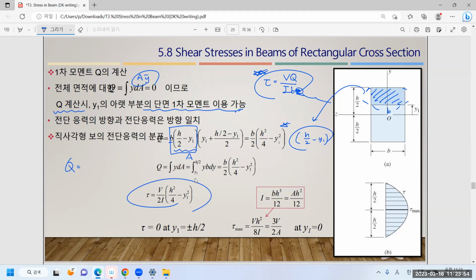Makes sense. And what else do we need? We need this component, isn't it? So look at that. This is the distance from the neutral axis. The neutral axis position is pretty much clear. That is located here. And this is a rectangle, which is a very fortunate situation. So that should be located at the center point, isn't it? So we are now only talking about the y direction movement.